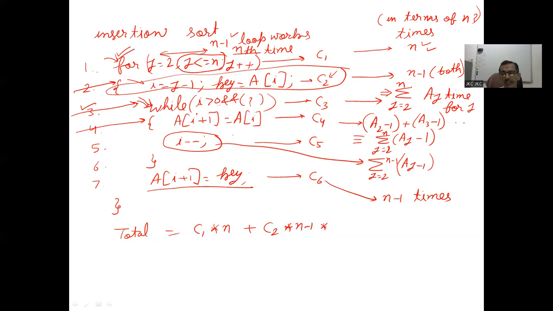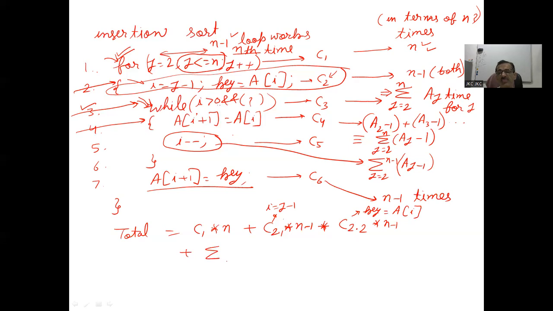If there was another statement also, similarly C2.2 into n minus 1, for this separate statement, i equal to j minus 1. This being key equal to ai, which I forgot to give a separate line number. So I am just writing it there.